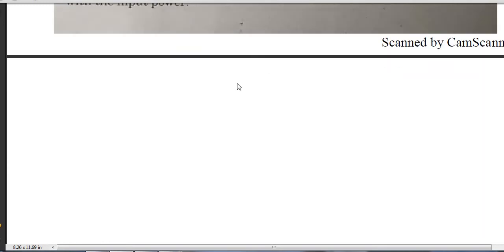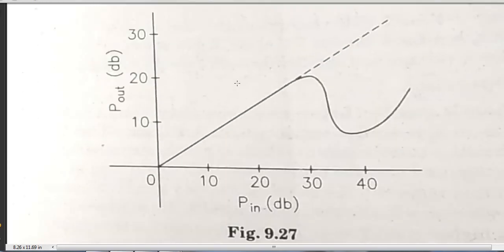Now we can see in this circuit the input power on the horizontal axis and output power along the vertical axis for a PIN diode is shown here.